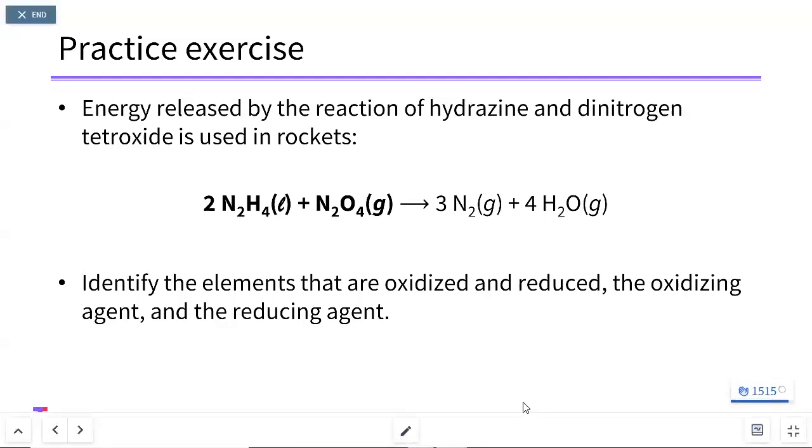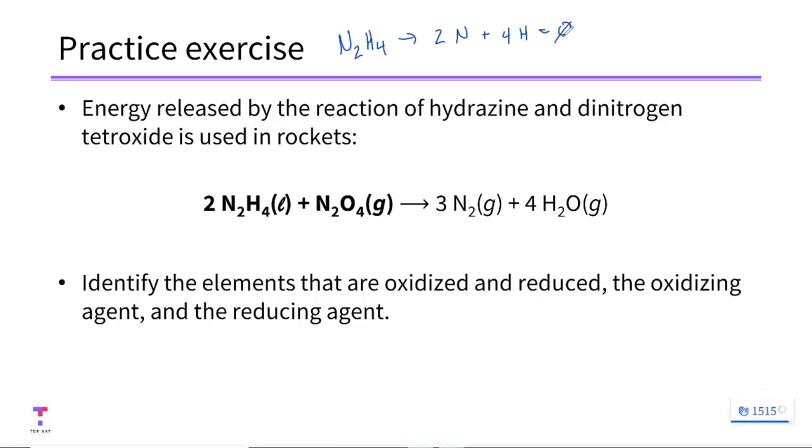So as far as assigning oxidation numbers go, let's look at the hydrazine first. For the hydrazine, N2H4, I've got 2 nitrogens and 4 hydrogens, and together they are going to give me no charge because hydrazine is a neutral molecule.